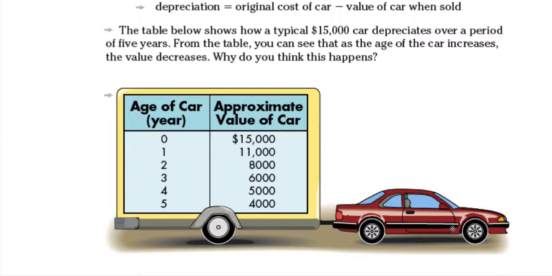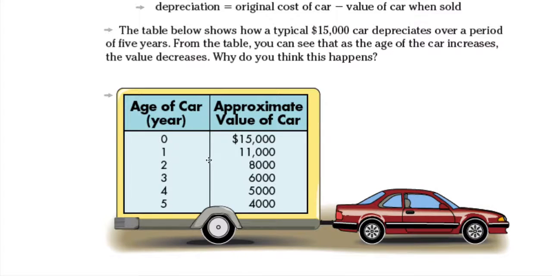And as it is being used, as it is being driven, there's a lot of wear and tear that happens in the car. When this happens, the value of the car starts to go down because of the various wear and tear inside the engine or different parts of the car. That's why the car begins to lose value as it ages.